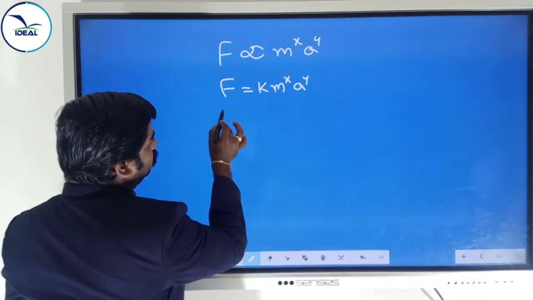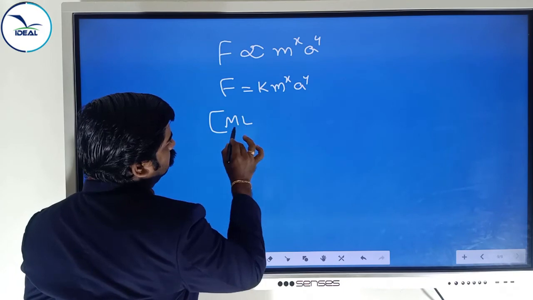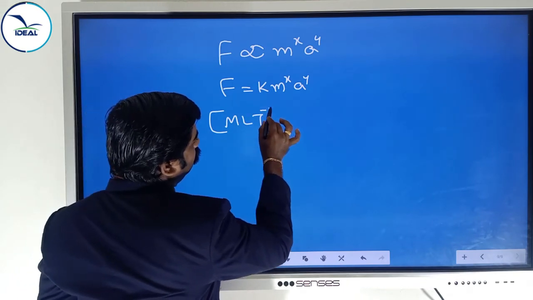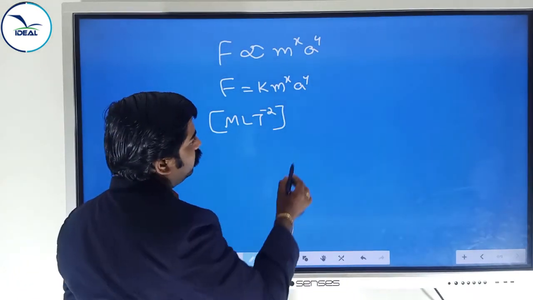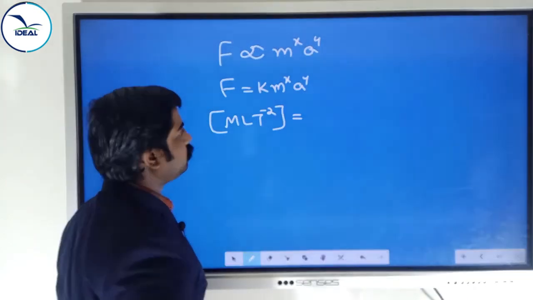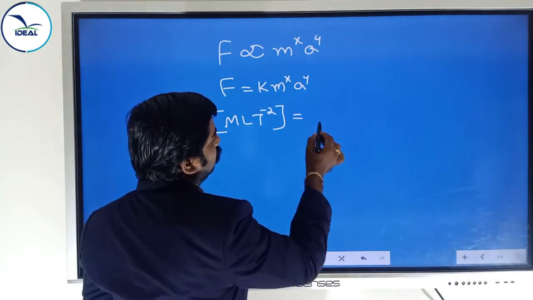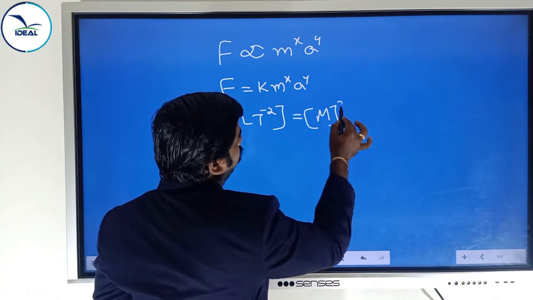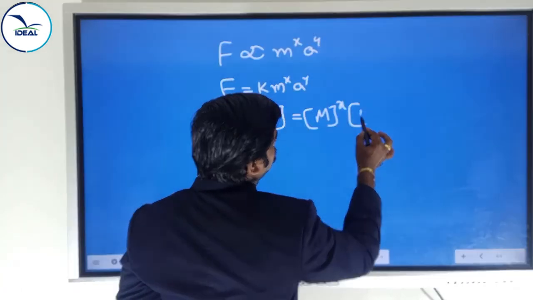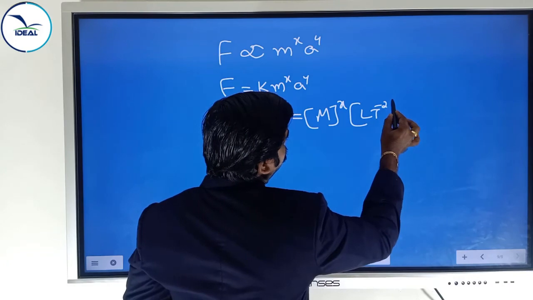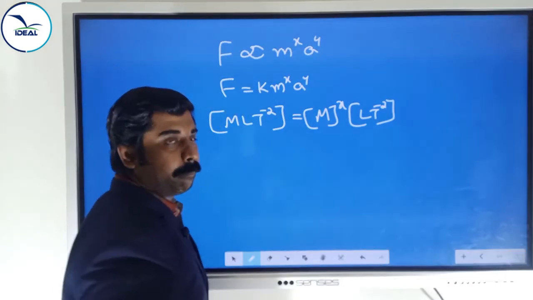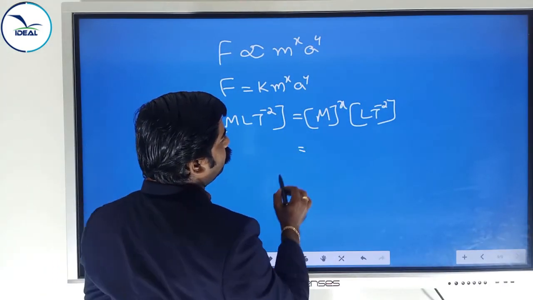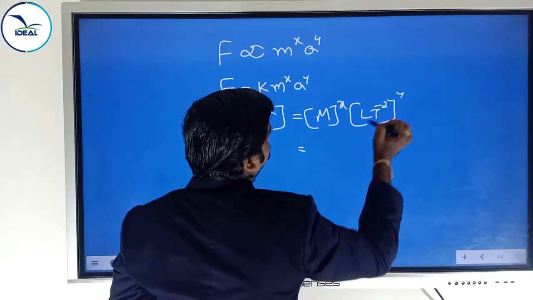We know that the dimension of F is MLT raised to minus 2. That is equal to the dependence: M raised to x, and A is acceleration, that is LT raised to minus 2, raised to y.